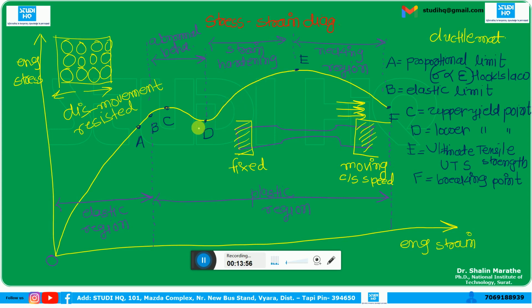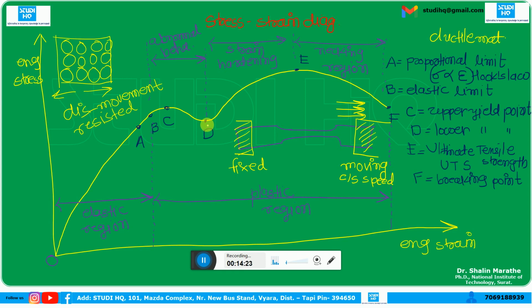There is a sudden rise in the value of stress because we have to apply more load; since we apply more load, the magnitude of stress increases. So this phenomenon is known as strain hardening. How can we define strain hardening? Up to a certain limit, when the material is loaded, the dislocation movement is easy, is smooth.